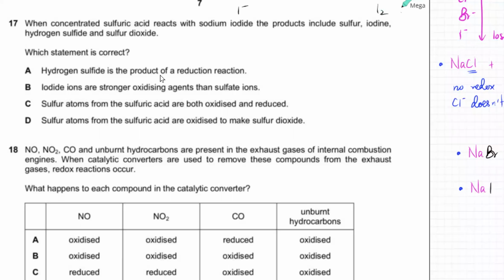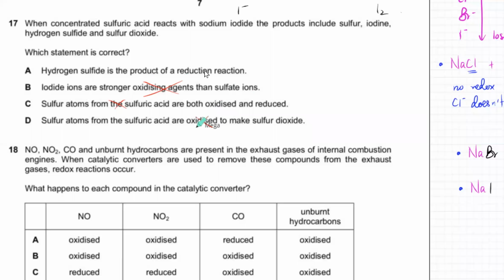Hydrogen sulfide is the product of a reduction reaction. This one is wrong because iodide ions are good reducing agents, not good oxidizing agents. Sulfur atoms are getting reduced. That's also wrong.